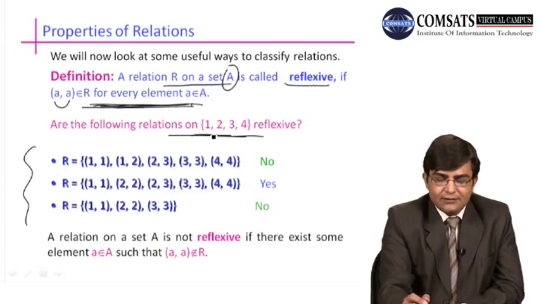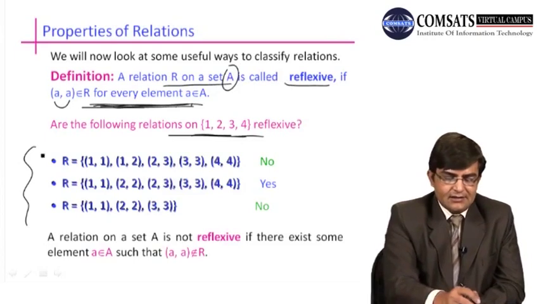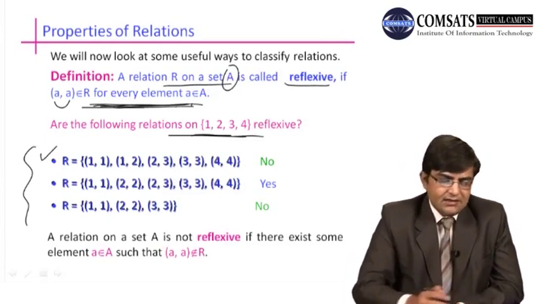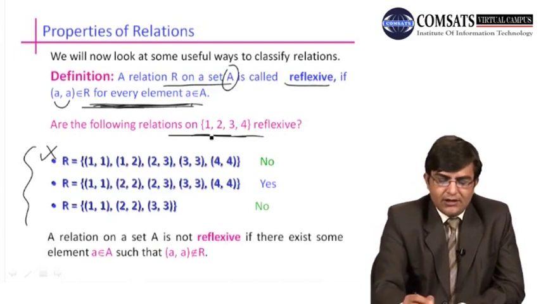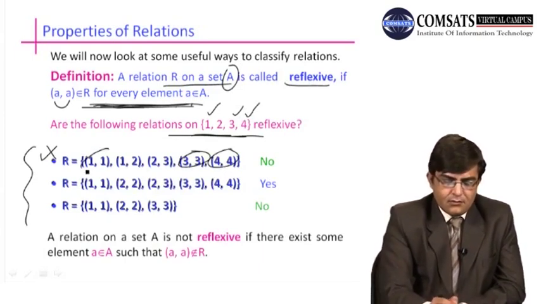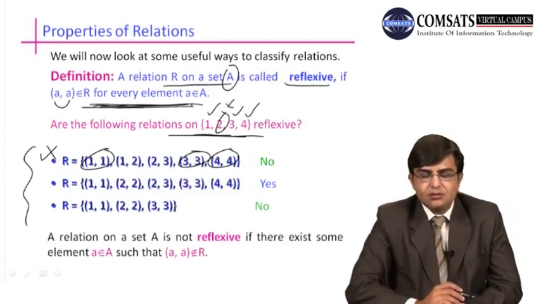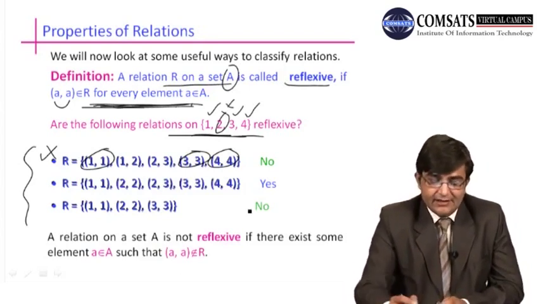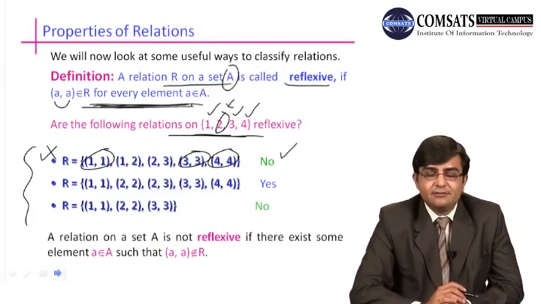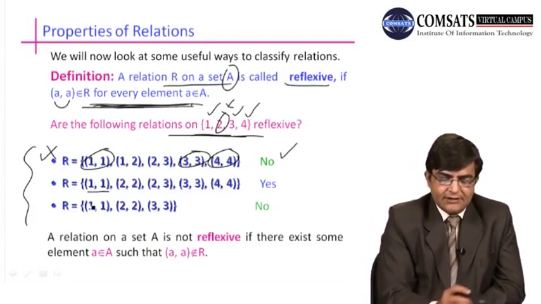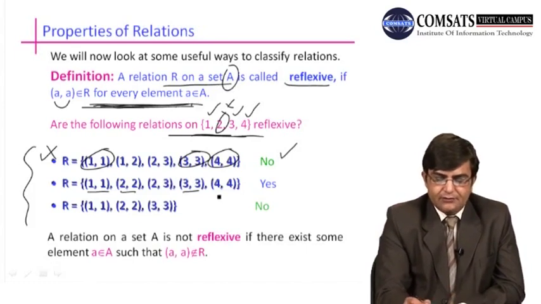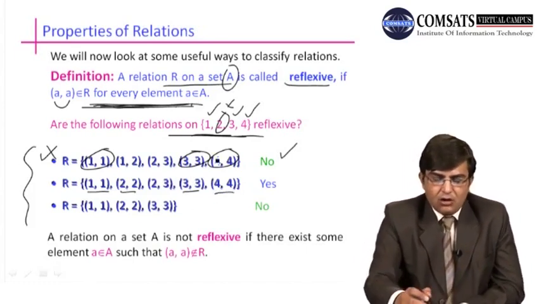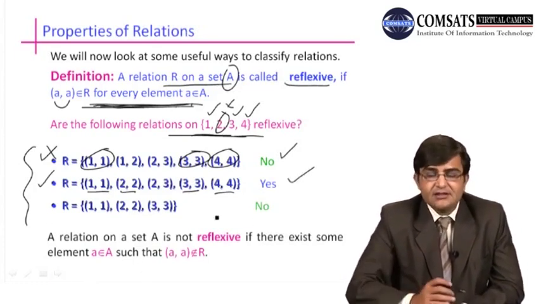Whether every element of this set is related to itself in this relation or not, that is not true, because 1 is related to 1, 3 is related to 3, 4 is related to 4, as you can see, but 2 is not related to itself in this relation, so this relation is not reflexive. In the second case, 1 is related to 1, 2 to 2, 3 to 3, 4 to 4. So all the elements of A are related to themselves in this relation, therefore this relation is reflexive.